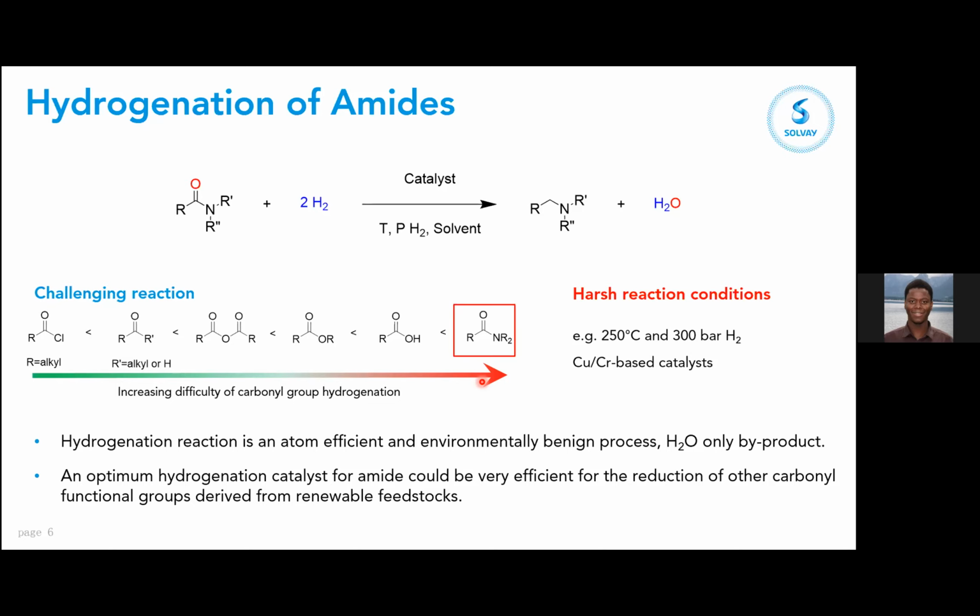And the target for our reaction is to be able to achieve the selective hydrogenation of this functional group at rather moderate conditions, which are industrially relevant. And we believe that an optimum hydrogenation catalyst for amide could be very efficient for reduction of other functional groups, which I have just mentioned here, carboxylic acids or esters or anhydrides, which may also be derived from renewable sources.